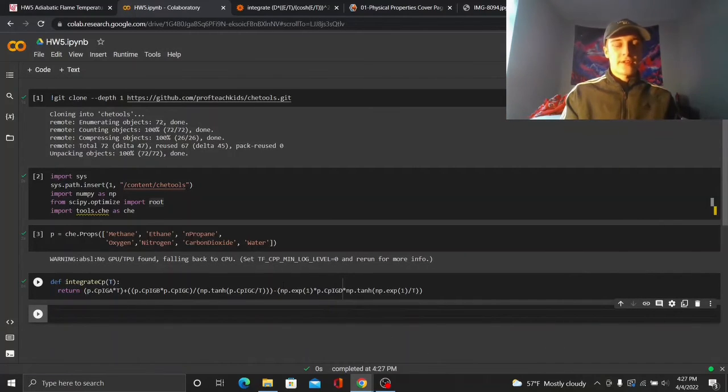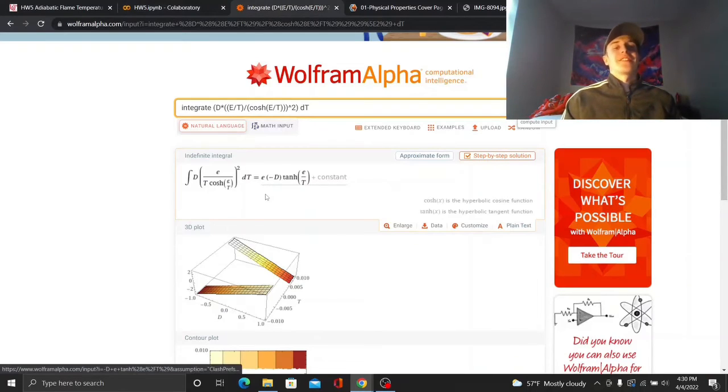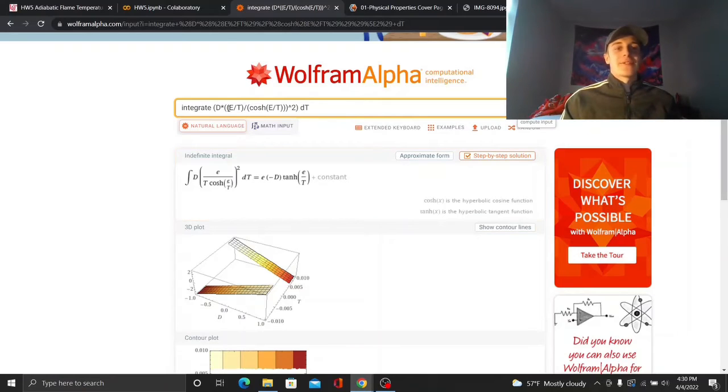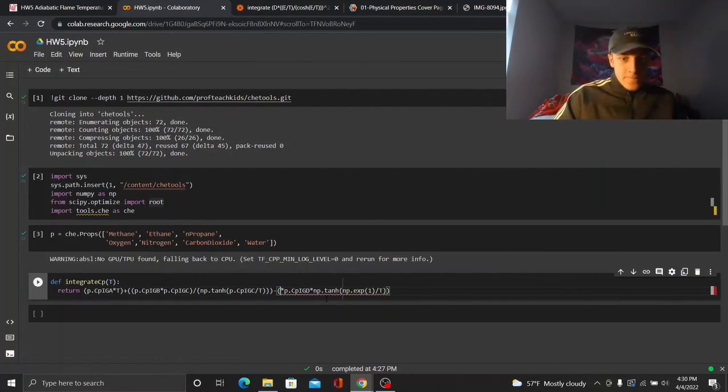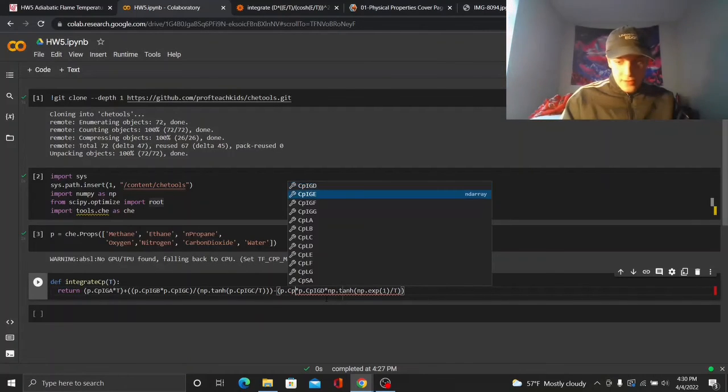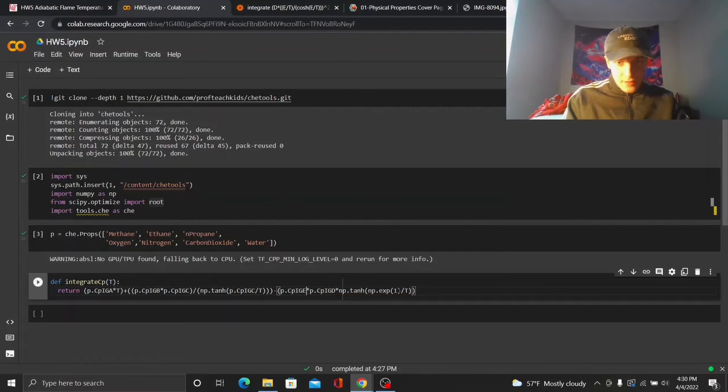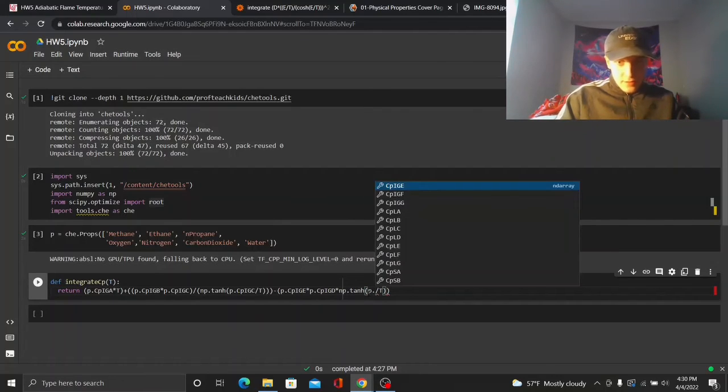Alright, so that'll be our integral right here. There's one thing that messed up here. This obviously is not numpy exponent. I just saw this little e and thought that, but this is our e from here, the constant E. So these should actually be P dot CPE.